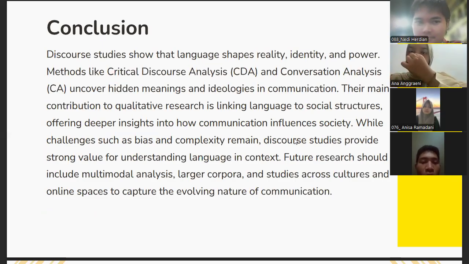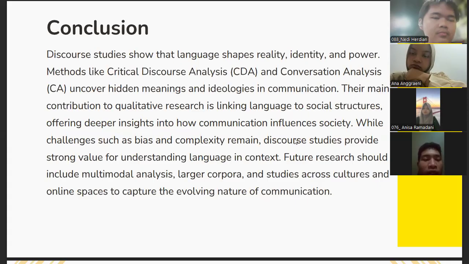So we have come to the conclusion. We can conclude that discourse studies show that language shapes reality, identity, and power. Methods like CDA and CA can uncover hidden meanings and ideologies in communication. The main contribution to qualitative research is linking language to social structures, offering deeper insights into how communication influences society.